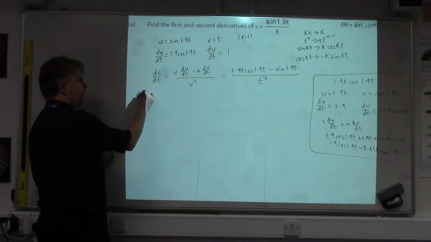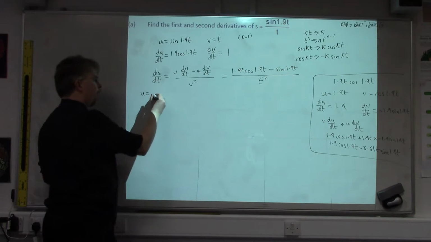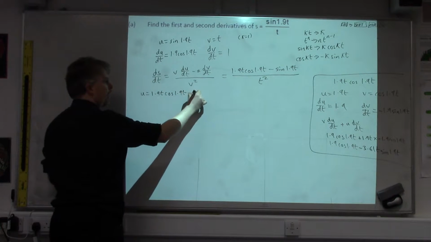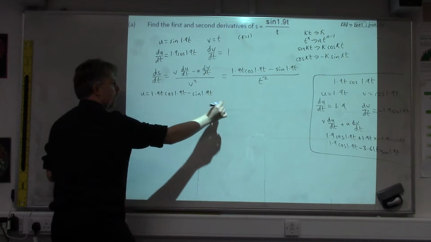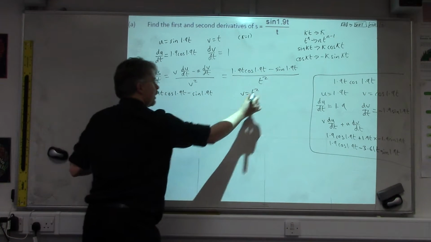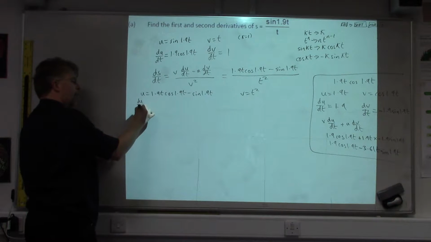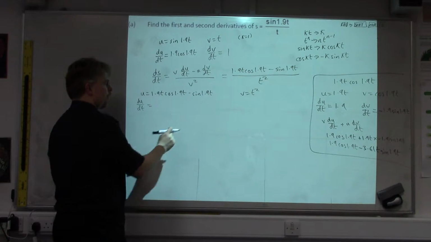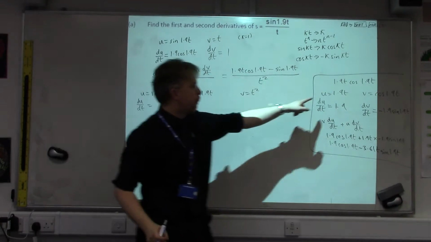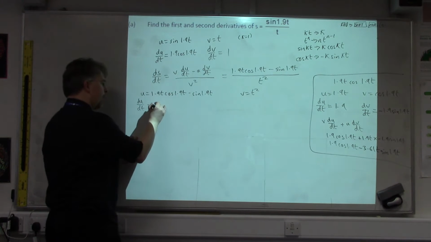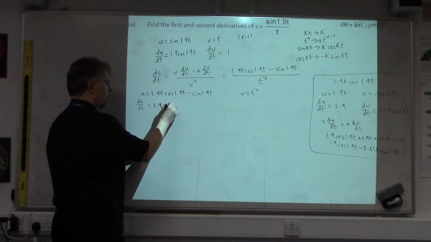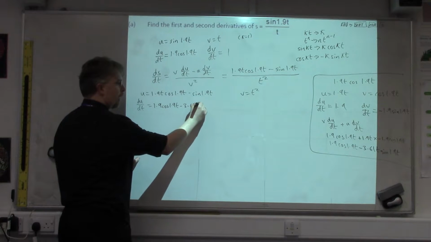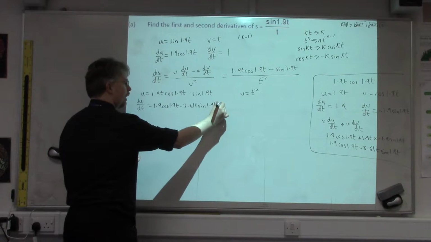So when we're doing the quotient rule again, we've got u equals 1.9t cos 1.9t minus sine 1.9t, and v equals t squared. du by dt, well, we've just differentiated that function 1.9t cos 1.9t, so we've got 1.9 cos 1.9t minus 3.61t sine 1.9t.